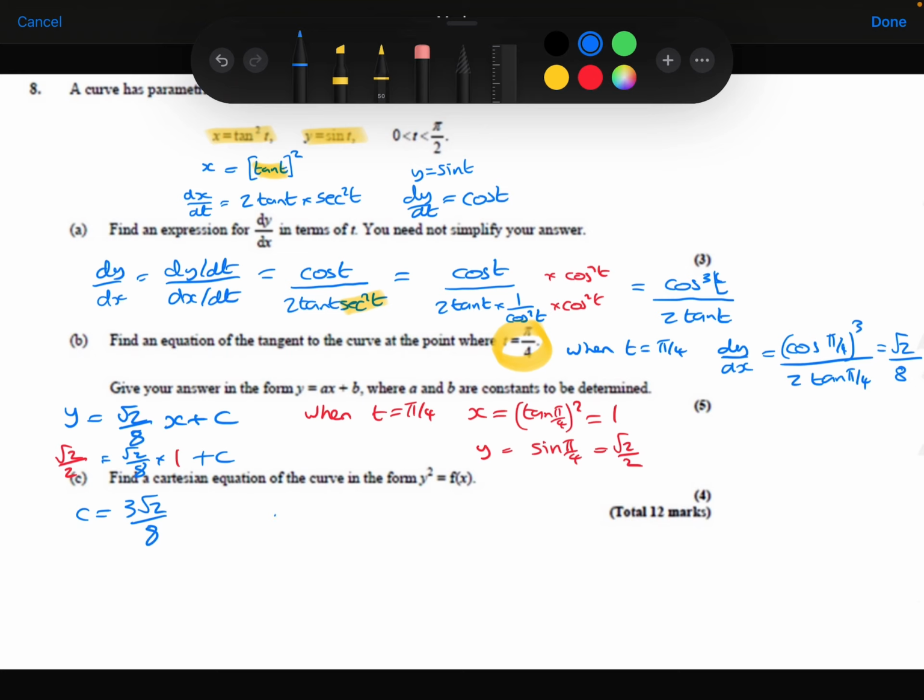So my equation of the tangent then, y equals mx plus c, and that is how I'm going to leave my answer. This is in the form y equals ax plus b, where a and b are constants. So that's my answer for part B.